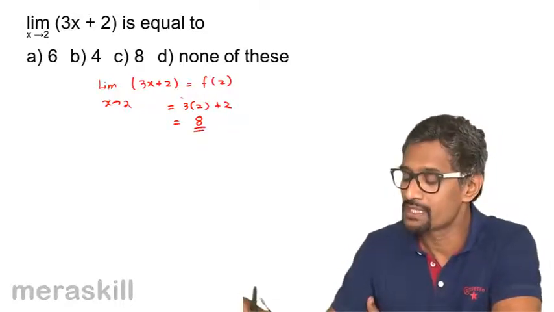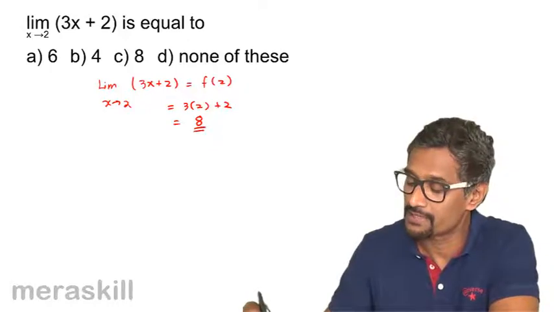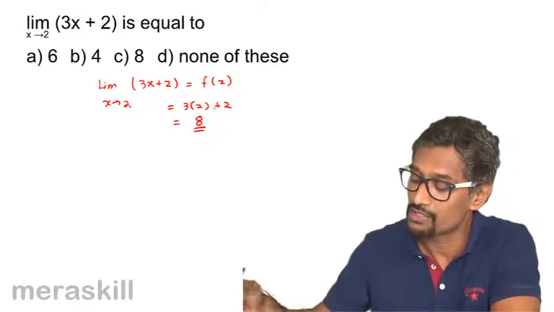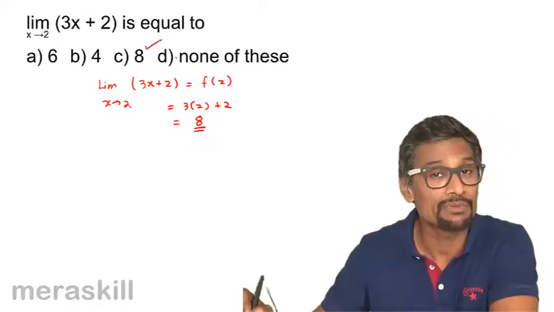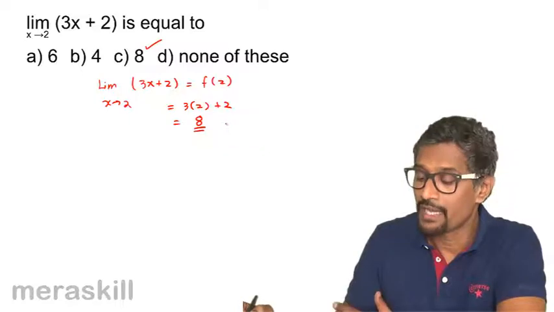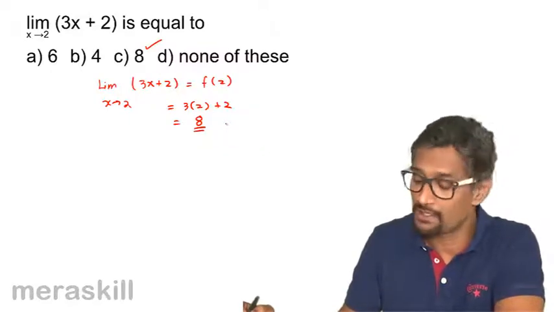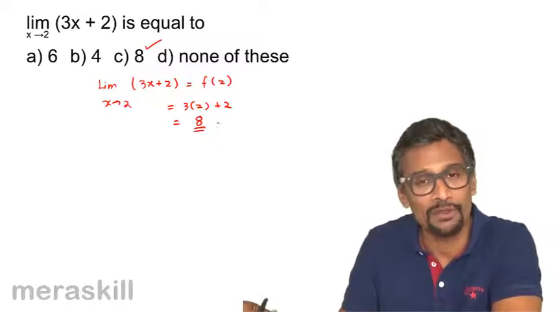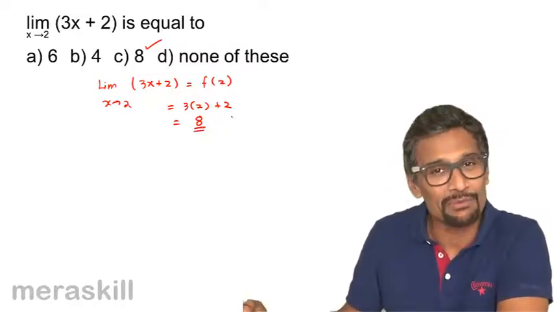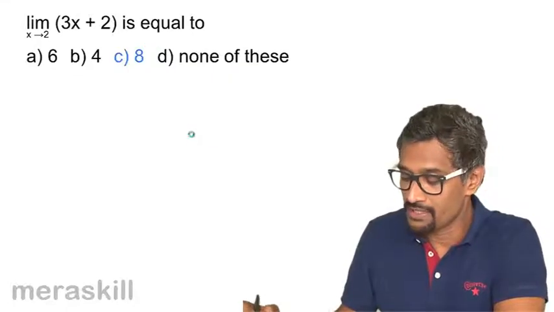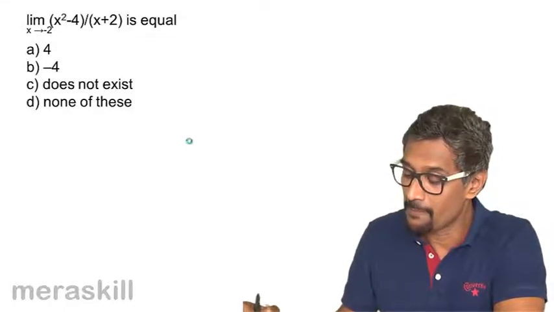So f of 2 itself is the limit of the function as x approaches 2. That turns out to be 8, as we did in the previous example. You just have to look at the function and observe whether it is a determinate function. If it is, the value of the function for that particular value of the variable itself is the limit. So yes, we have it as 8.